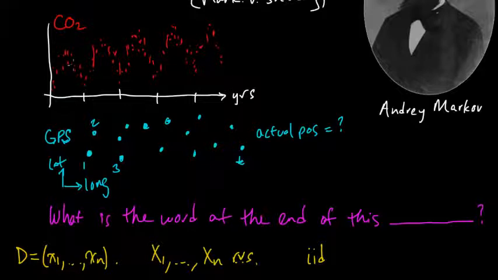With these CO2 levels, there's clearly some dependency between points which are nearby. If you're nearby in time, then your CO2 level is going to be closer also, or maybe on average it'll tend to be closer. So the IID assumption is not really cutting it because it's saying that there's no dependencies between them. So IID is not going to work.